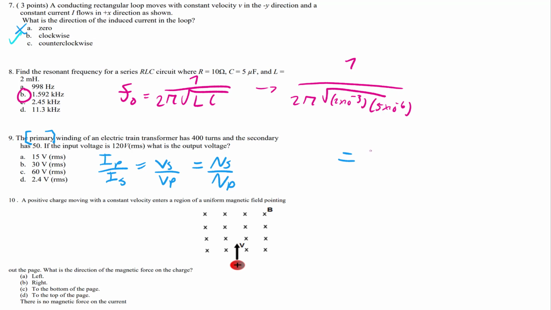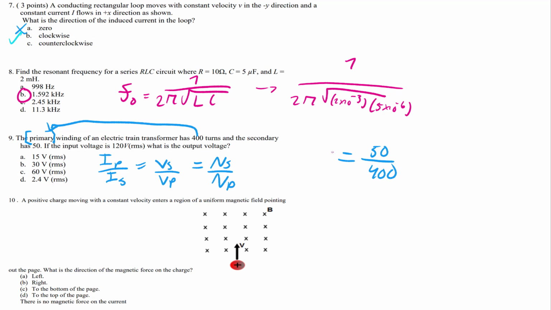So we have that the number of turns is going to be the secondary, 50, divided by the primary of 400. All I did was the 400 goes to the primary, which is P, and the 50 goes to the secondary. Alright, now the input voltage is 120 volts.